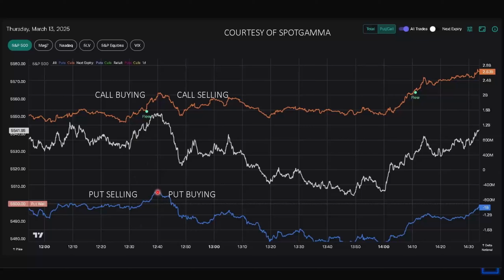And when they're both going in the same direction, that's obviously what gives us our best moves. You see right here, on the spike back up, there was call buying from this low to this high, but the puts continue to be sold. So they do diverge.